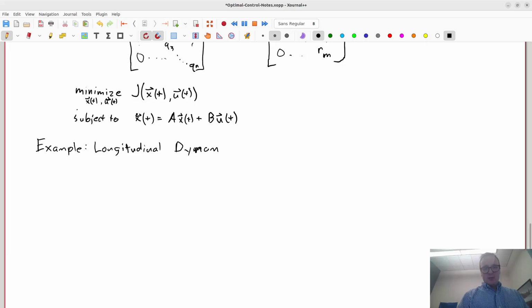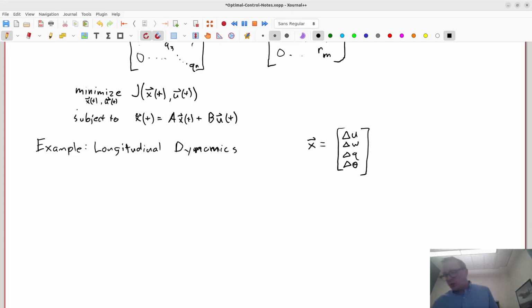If you remember the longitudinal dynamic perturbation state, x equals delta u, delta w, delta q, and delta theta.